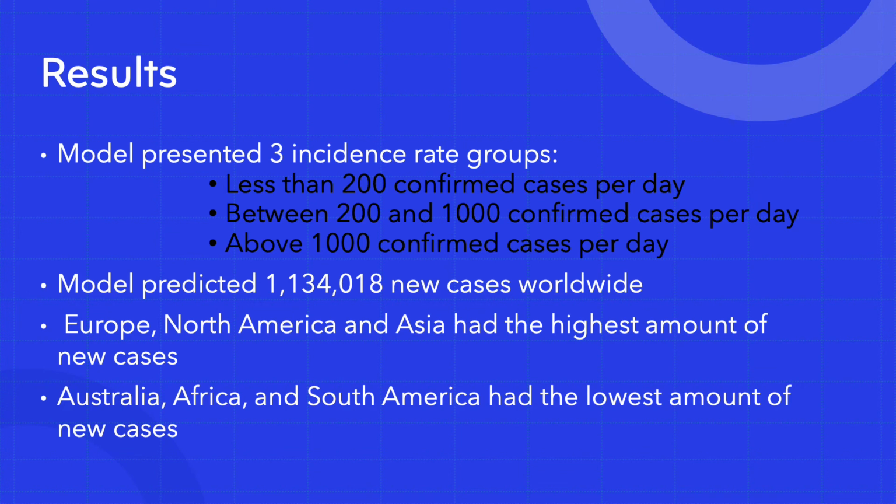The model predicted 1,134,018 new cases worldwide. Europe made up 60.64% of this, followed by America with 24.07% and Asia with 9.44%. Australia, Africa, and South America had the least number of new cases, with both Africa and South America around 2% and Australia at 1%.